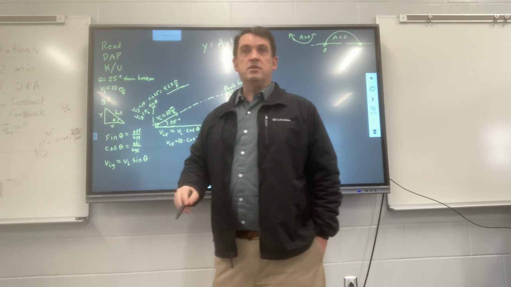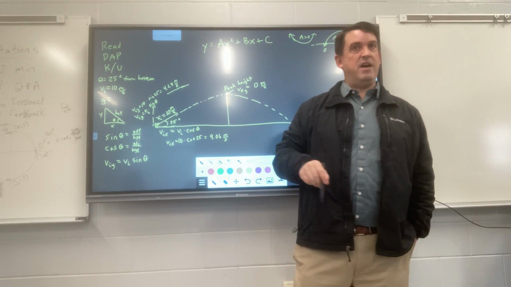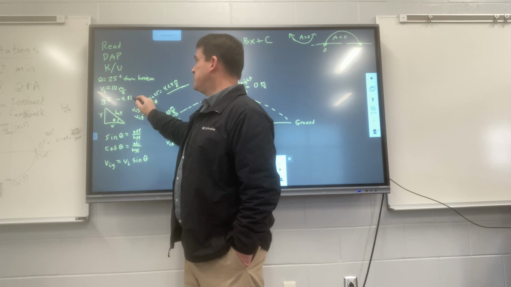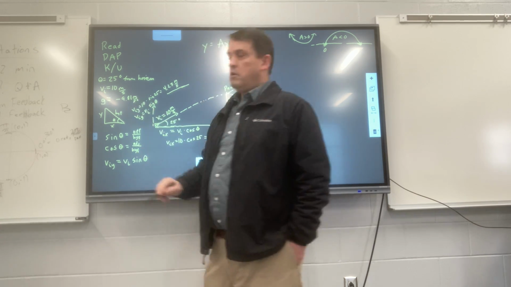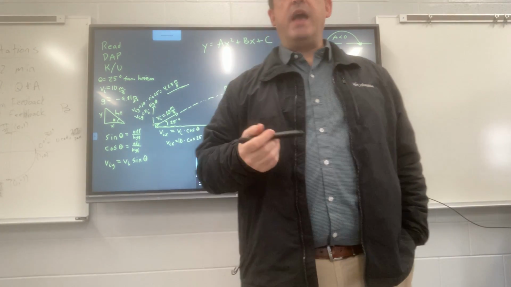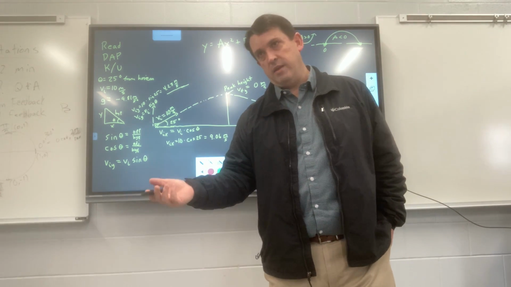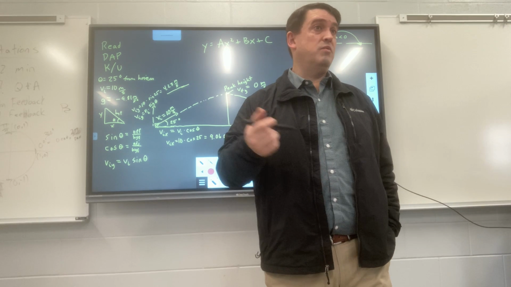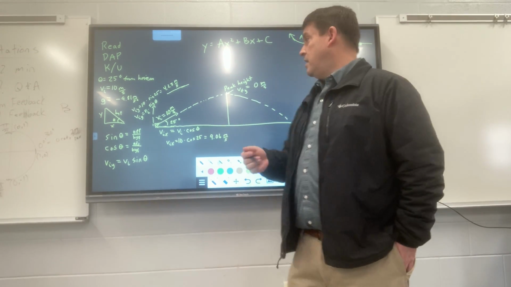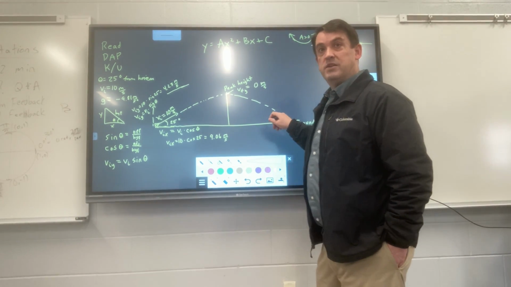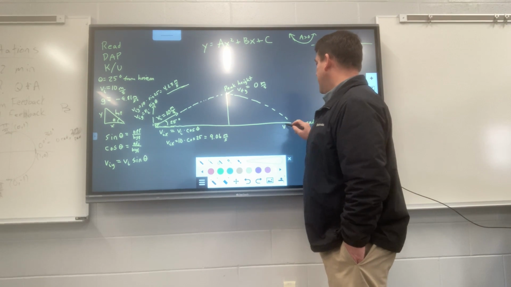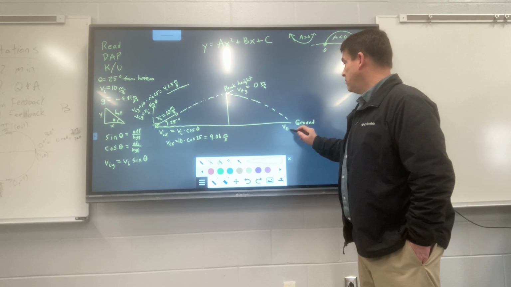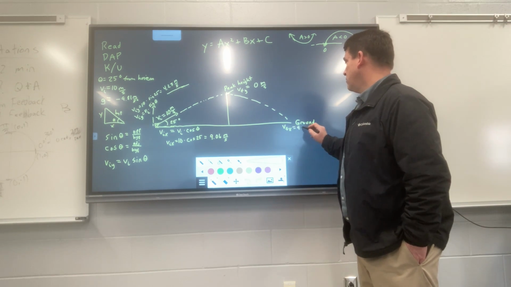Gravity is the a that's going down, negative 9.81 meters per second squared. I do not have anything in the x direction unless we had wind. It says neglect drag. Guess what? We've got nothing in the x direction slowing it down. So guess what V final in the x direction is? 9.06 meters per second.